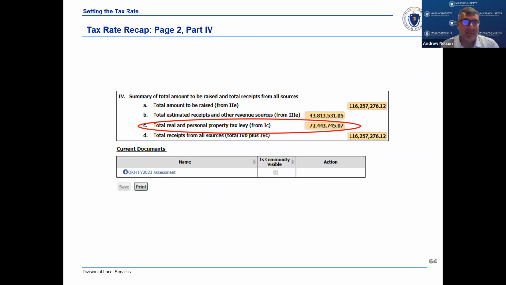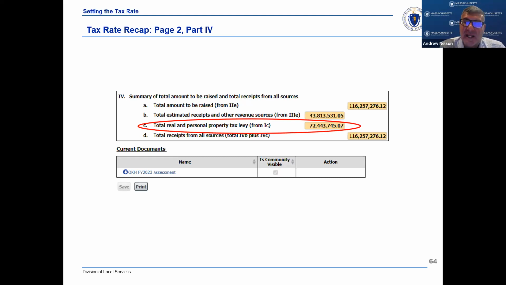So this is the bottom of page 2. And as I was saying a minute ago, this is sort of the summary and what we're going to tax. The first line, part 4A, that's everything. That was the top of page 2. That's everything we need. That's everything we want. That's our total appropriations plus things that weren't appropriated we needed to raise.